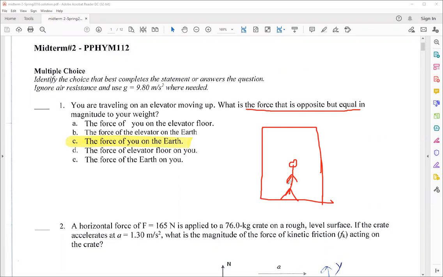So if your weight is like this, pointing down, that's Earth pulling you downward. But then we want the force that is opposite but equal in magnitude to your weight.